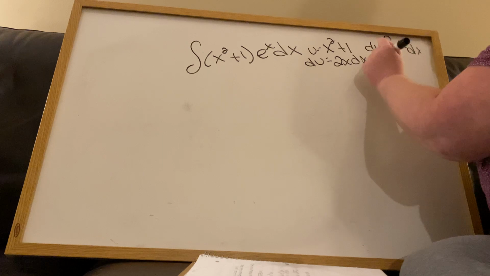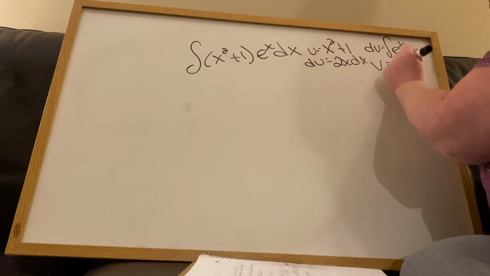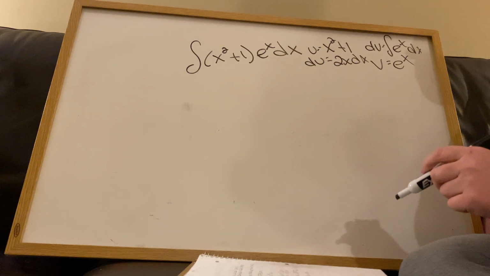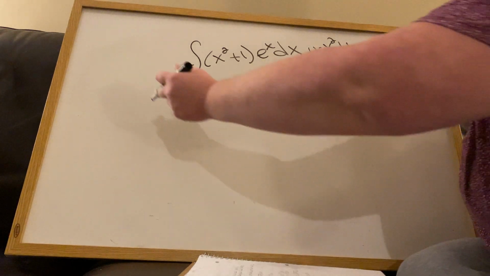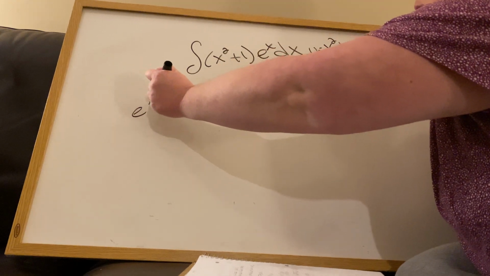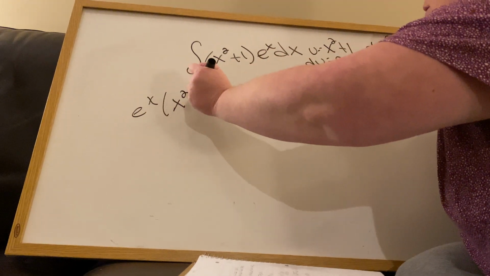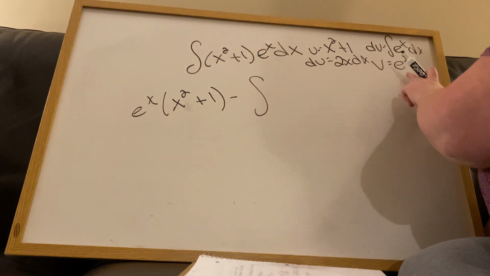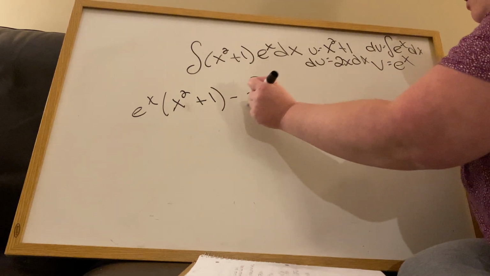Fine, here we'll integrate. E to the x just integrates to be e to the x, so it does nothing interesting at all. So then you've got u times v. Okay. I'm trying to see how far left I need to start, so I hopefully don't run out of space. Minus the integral of v and du. So the two, not helpful.